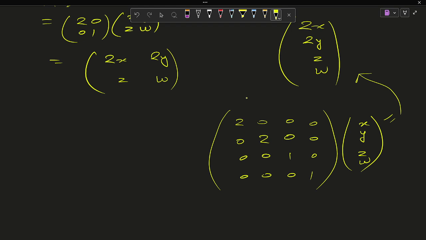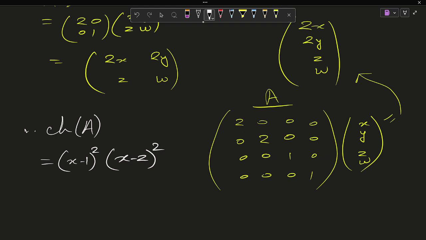So we have to now find the characteristic polynomial of this matrix. The diagonal entries are 2, 2, 1, 1. So the characteristic polynomial of A will be (x minus 1) square and (x minus 2) square.